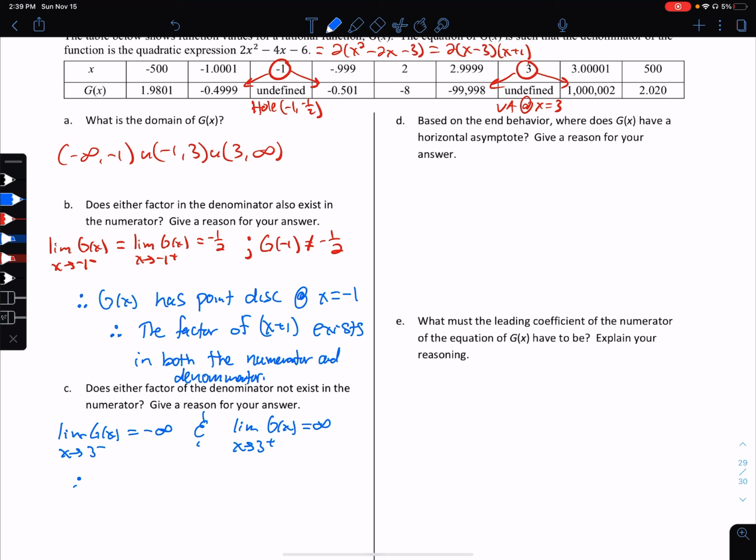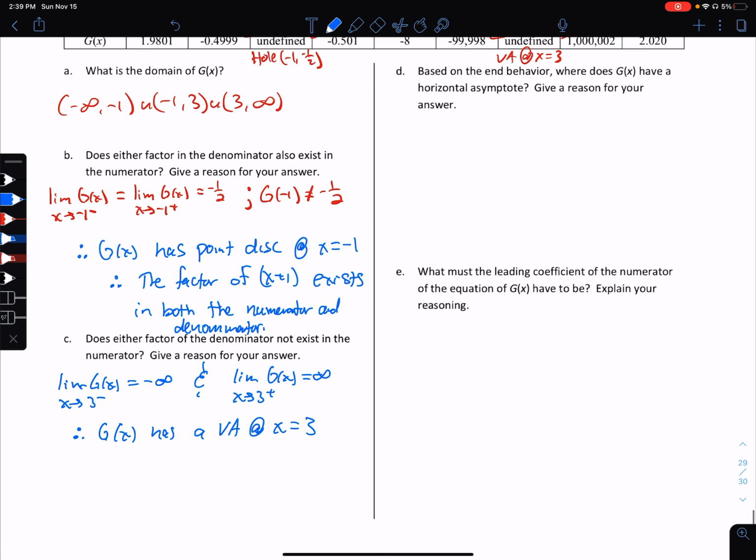So the conclusion we can draw from that is g of x has a vertical asymptote at x equals 3, and that x minus 3 is a factor in the denominator but not the numerator.